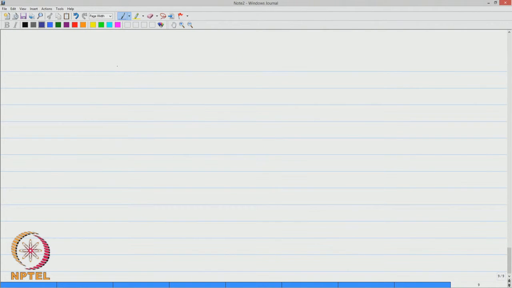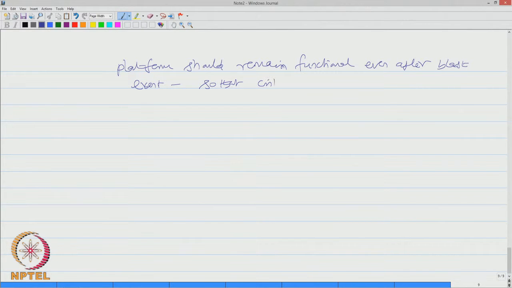So, the objective is the platform should remain functional even after a blast event, so that the critical functionality is protected.